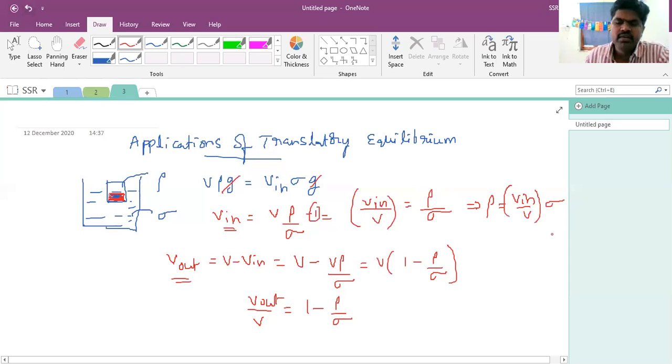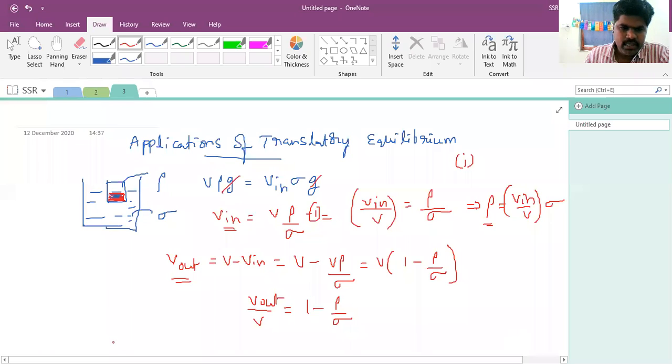That means if you know the density of the liquid, and the volume inside the liquid, and the volume of the body, then we can calculate the density of the solid, without knowing its mass, simply by knowing its volume inside the liquid. Are you clear on this? That is our first application.